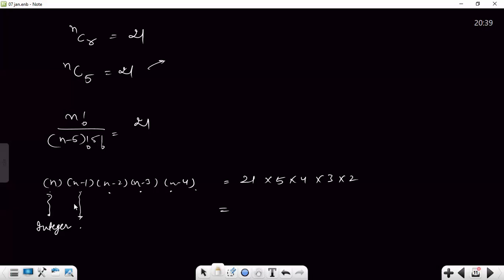If we subtract 2, the next one comes. Assuming n is 5 here, this is n minus 1, this is n minus 2, n minus 3, n minus 4. But we cannot say n is 5, because 21 is also here. 21's prime factorization is 3 into 7.